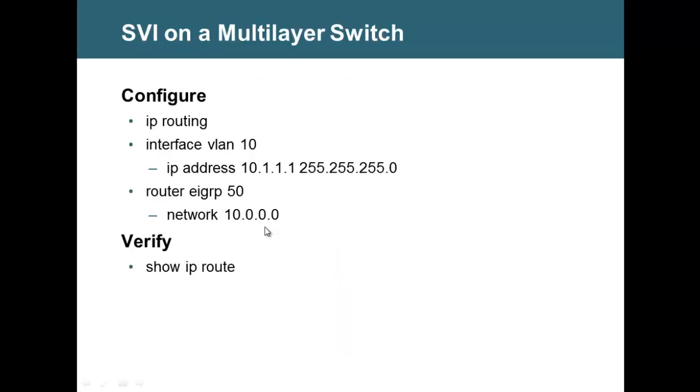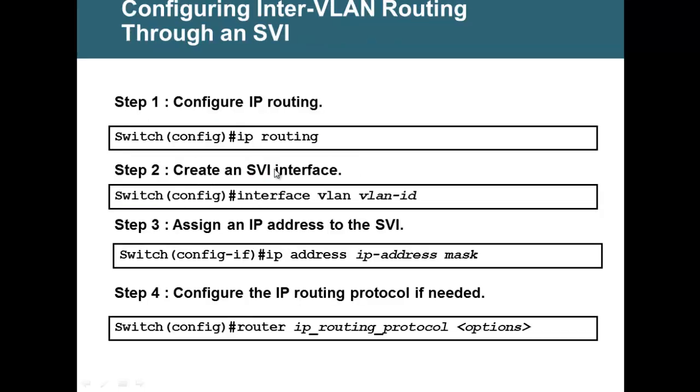How do we configure it? This is how the configuration goes. ip routing, interface VLAN. This is what is called SVI, switched virtual interface. We give an IP address. That's it. If you want a routing protocol, you can enable a routing protocol. This is how.